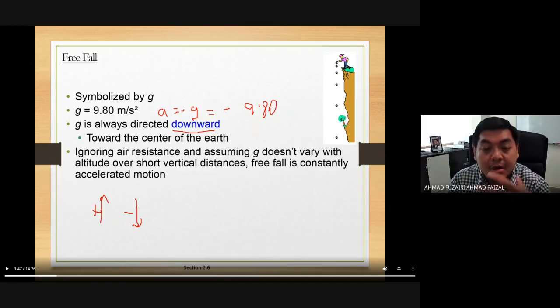When the object is in the air with the presence of gravity, it will involve a. In easy words, the acceleration is always negative g. So when you put the value of a in the equation, let's say v equals v naught plus at, you need to remember that a is actually negative g.